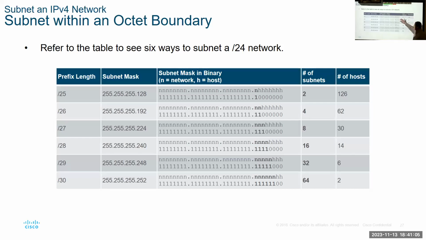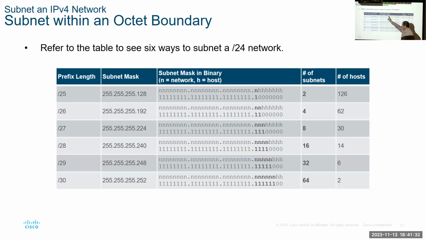So just remember, for every bit that you reallocate from the host ID to the network ID, you are doubling the number of networks, or subnets, however you want to look at it, and halving the number of hosts per network. So you start off with 254 in a class C.